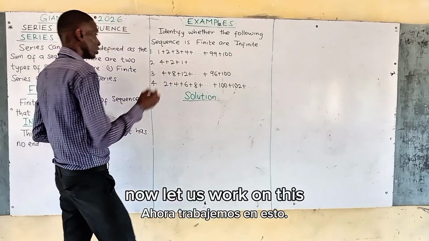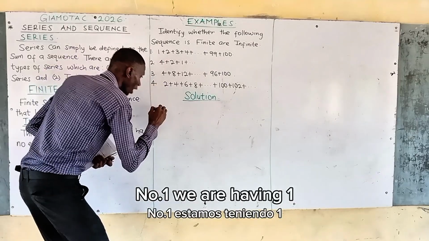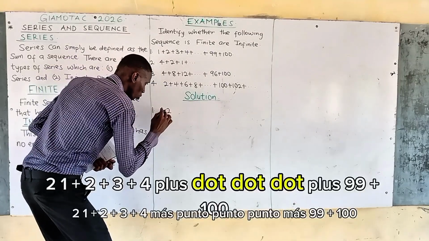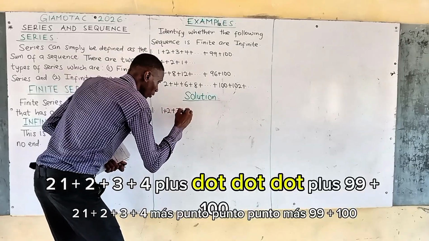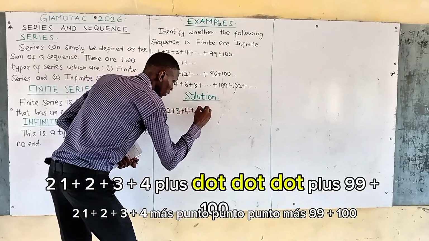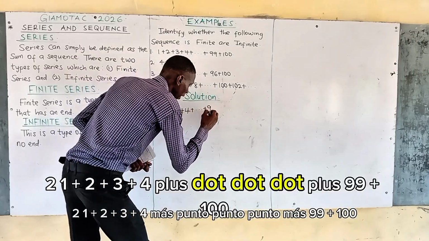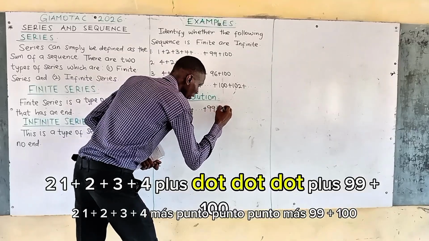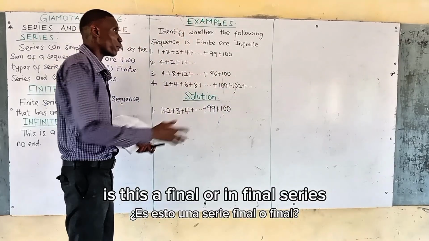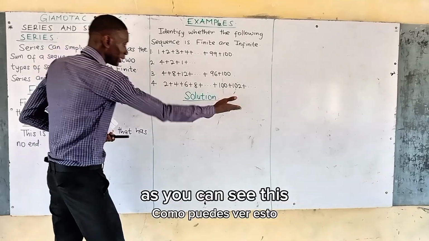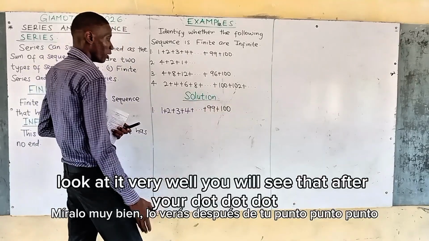Now, let us work on this. Number 1, we are having 1 plus 2 plus 3 plus 4 plus ... plus 99 plus 100. Is this a finite or infinite series? Look at it very well.